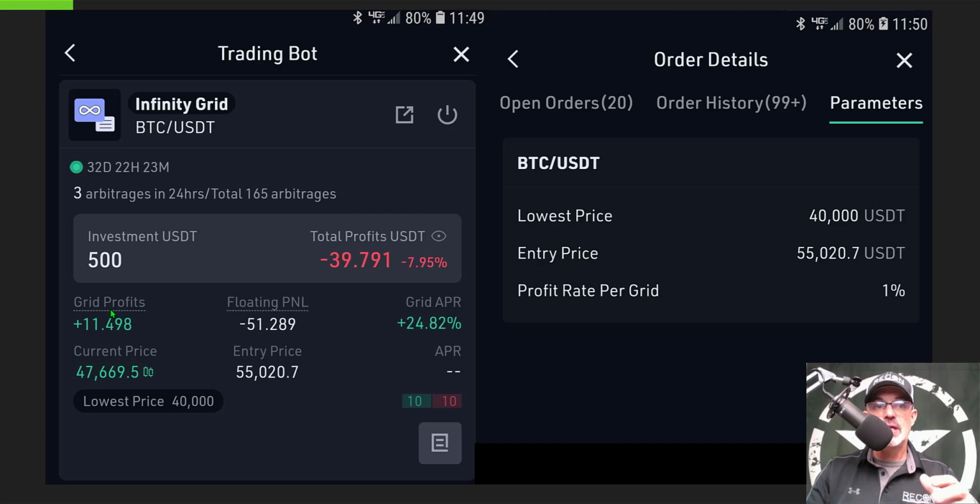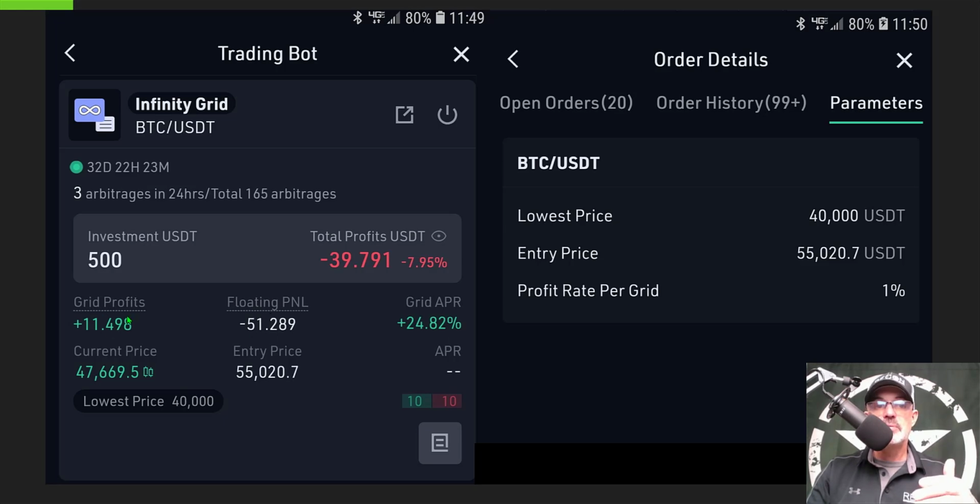And that grid profit is approximately 11.5 USDT, which you then subtract from my current negative floating P&L. That floating P&L would be the total loss had I bought at 55 and sold right now at 47.7. But this is not an actual realized P&L because I haven't sold.